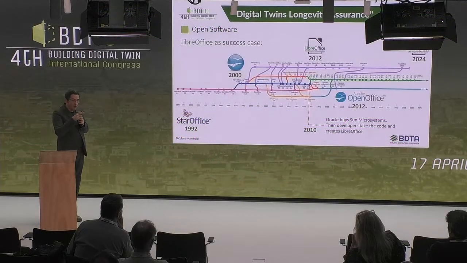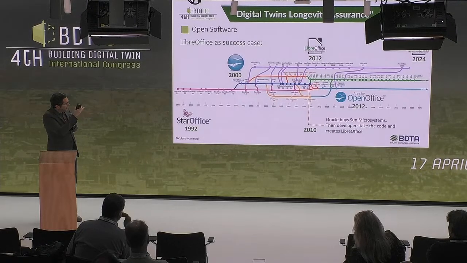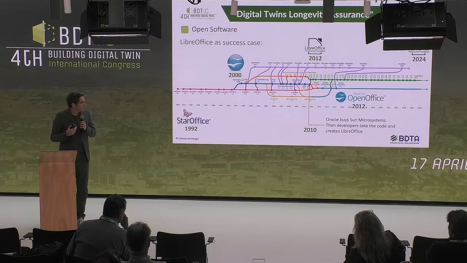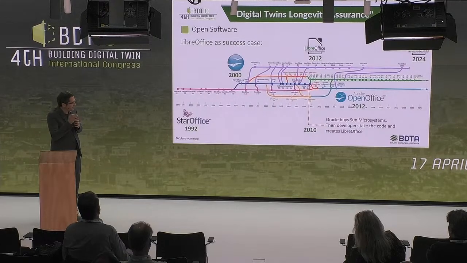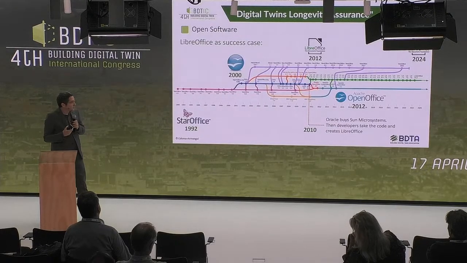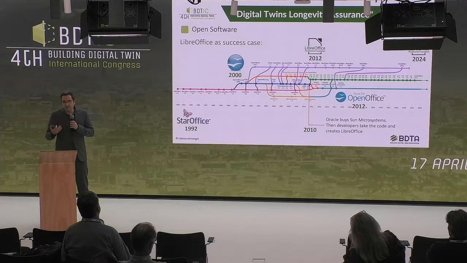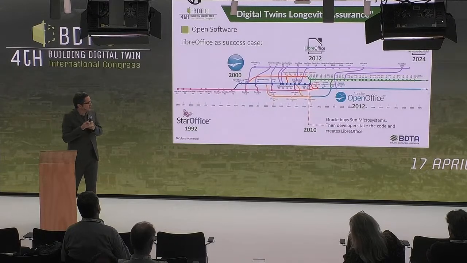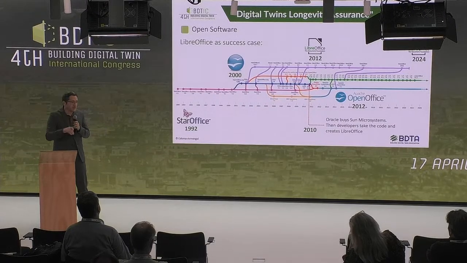At that moment, most of the developers that were maintaining the software decided to create a new branch called LibreOffice, in order to assure that Oracle, which had another roadmap for that software, wouldn't close it or let it die. The proof is that today LibreOffice continues to be updated, is on the road, and OpenOffice and the other version has been stuck in the past.